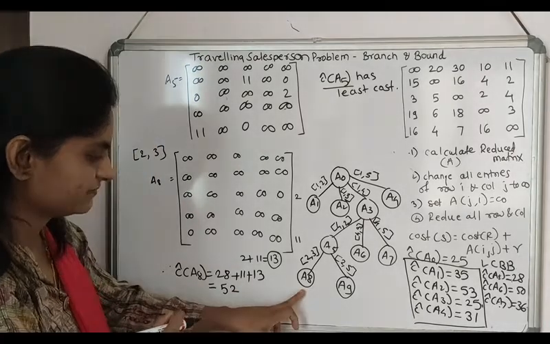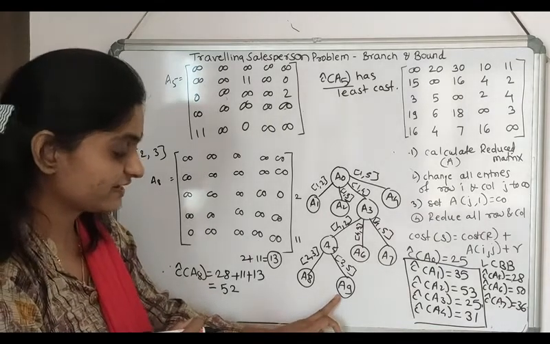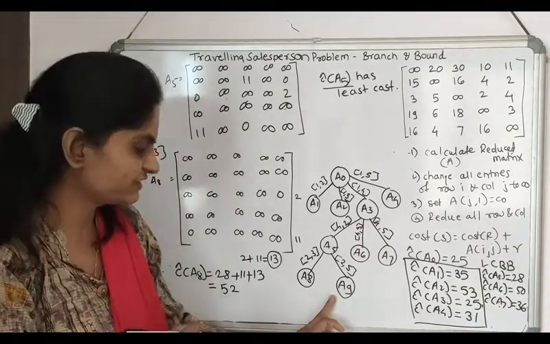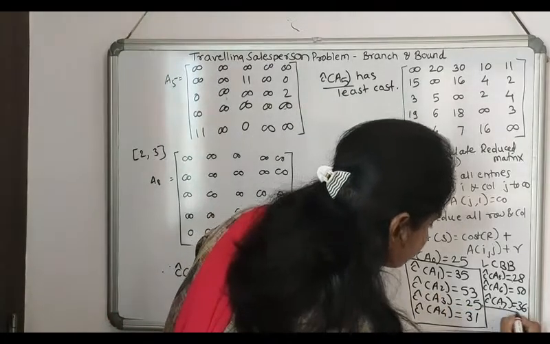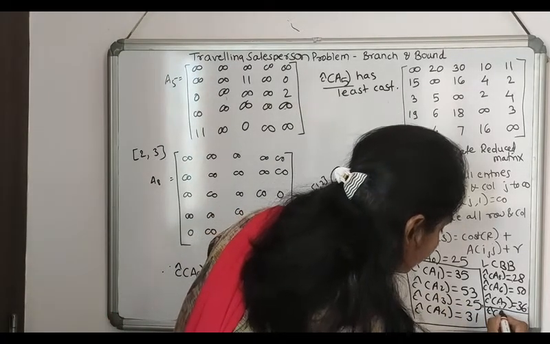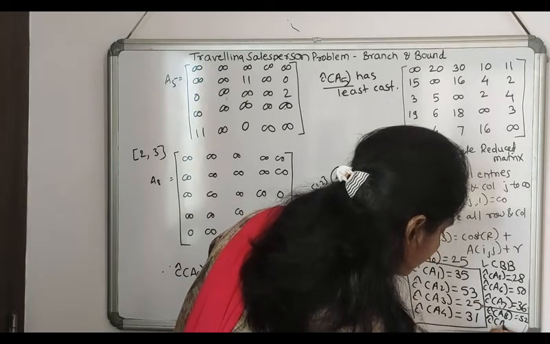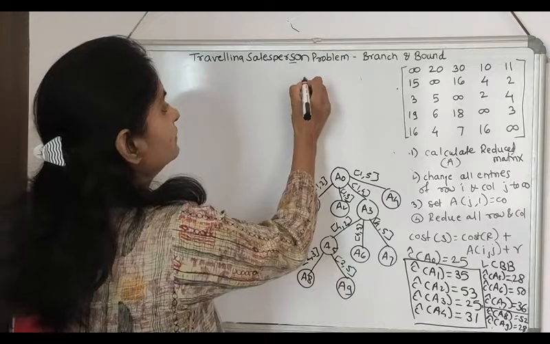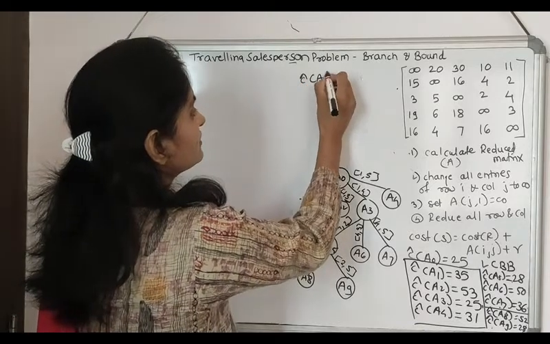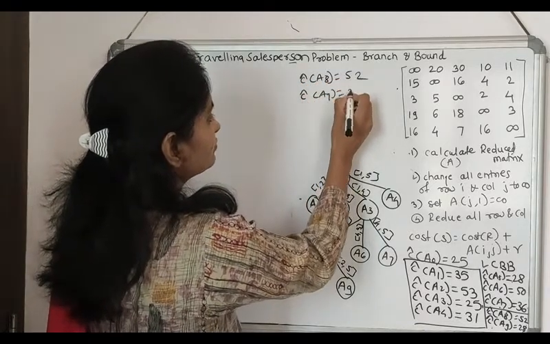Cost of A8. Then calculate the cost of A9 in a similar manner. C cap of A8 is equal to 52. After calculating, A8 contains 52 and the cost of A9 is equal to 28.